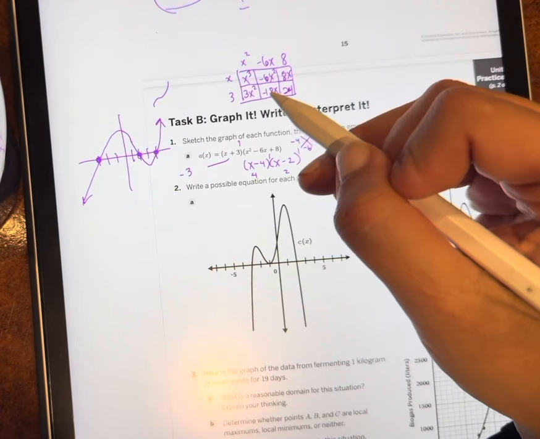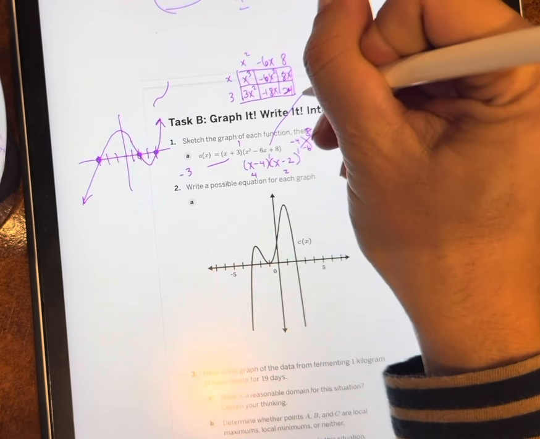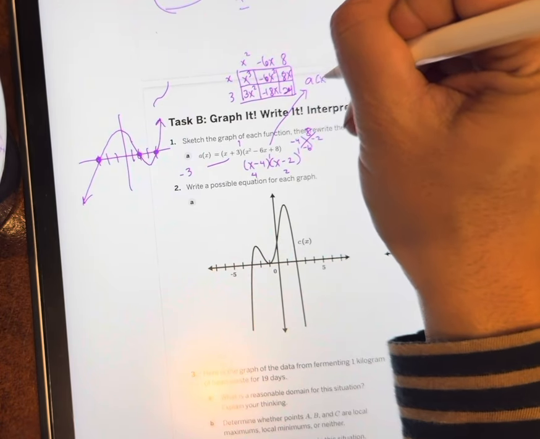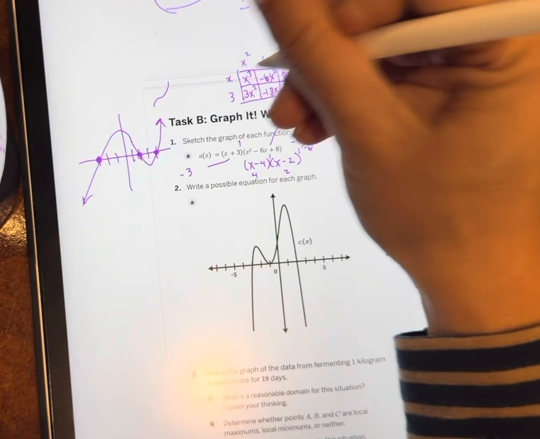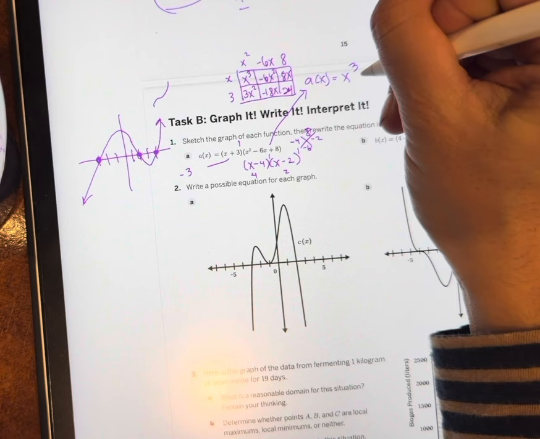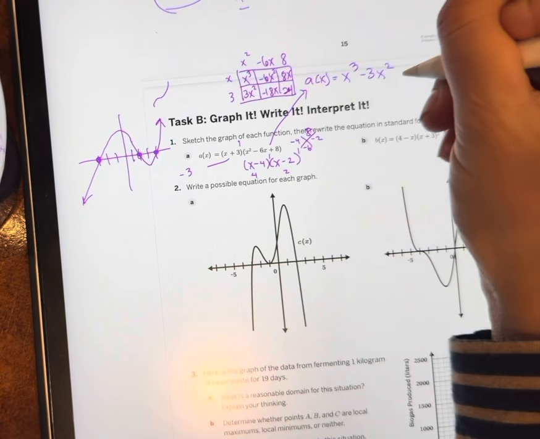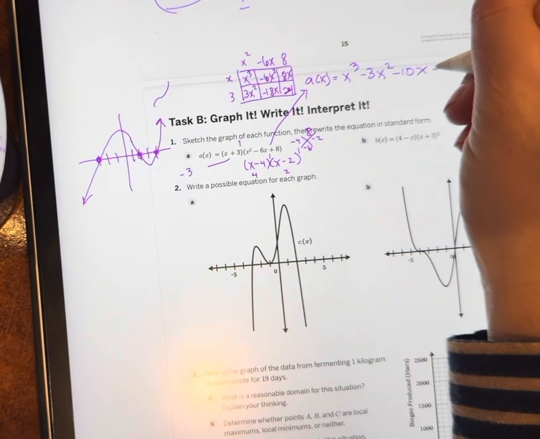And then combine these like terms that are usually in that diagonal pattern, and you will get that a of x equals x cubed, 3x squared minus 6x squared is minus 3x squared. Negative 18x plus 8x is minus 10x plus 24.